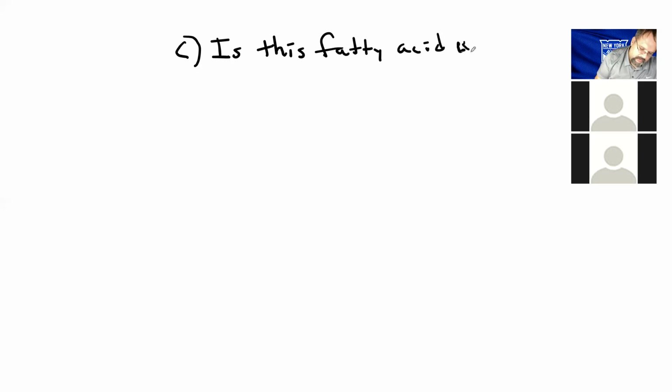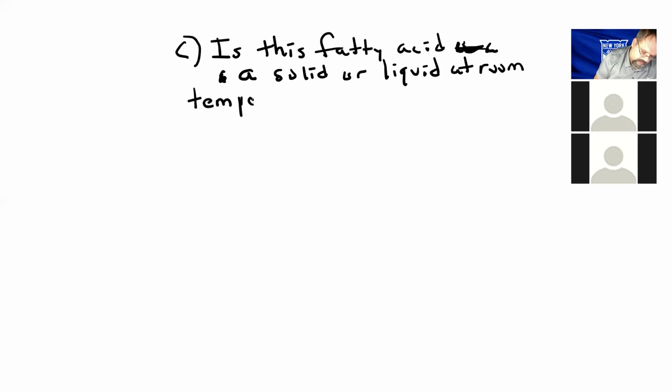And then essentially for letter C, is this fatty acid a solid or liquid at room temperature? So this goes into a little bit of a discussion that we'll expand upon in a moment.